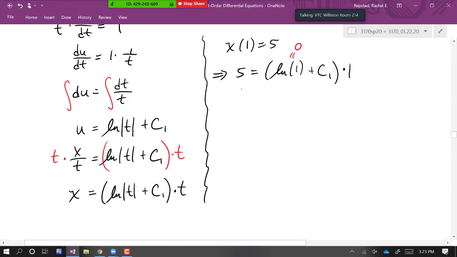Ln of 1 is 0, so we get 5 equals c1. There's our constant, that parameter.